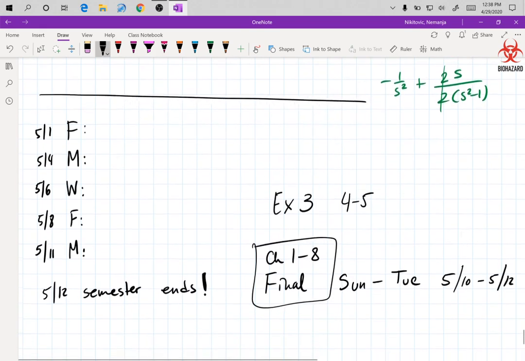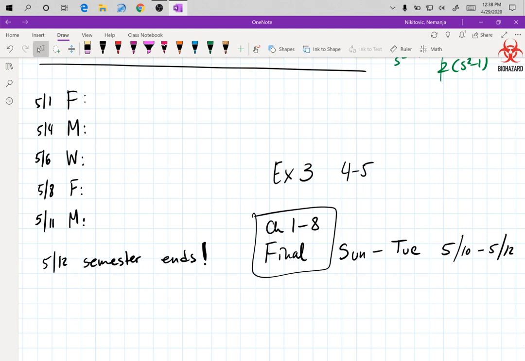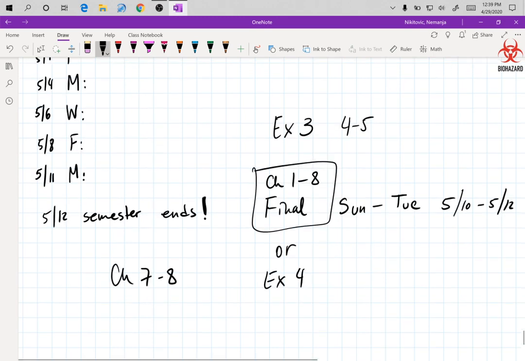Now, there was a suggestion, because you have your chapters 7 and 8, which are not on any of the tests yet, we can have the cumulative final or exam 4 only on chapters 7 and 8.